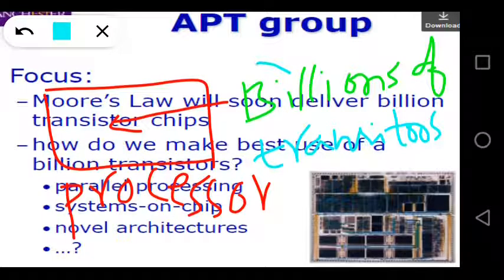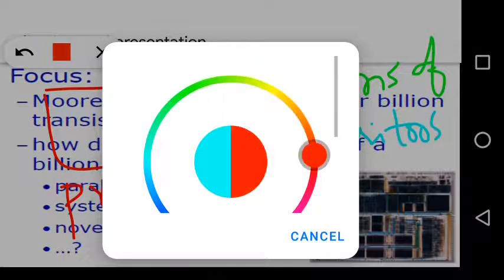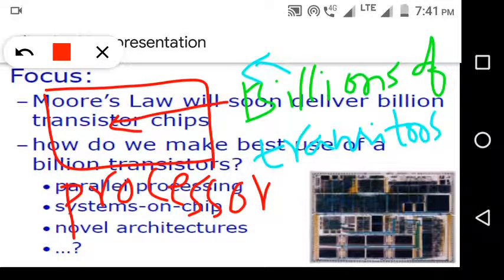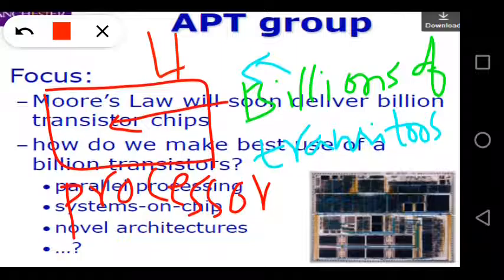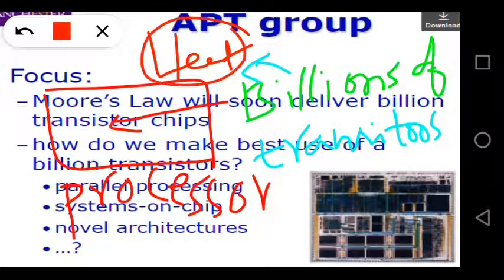And these billions of transistors generate heat.